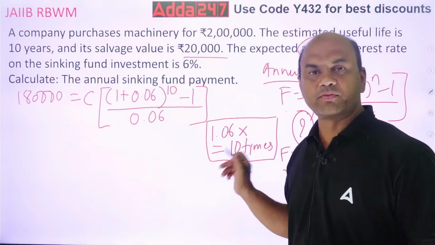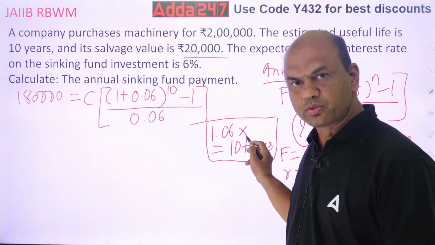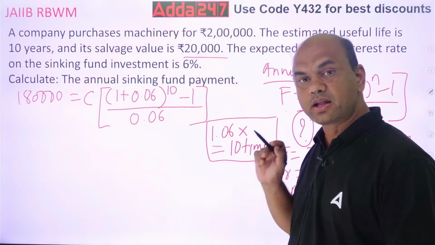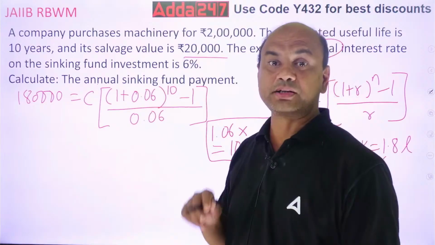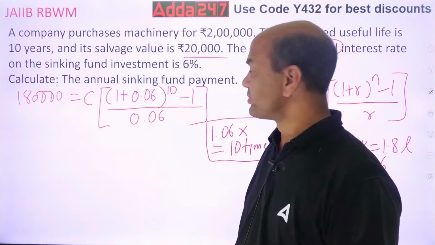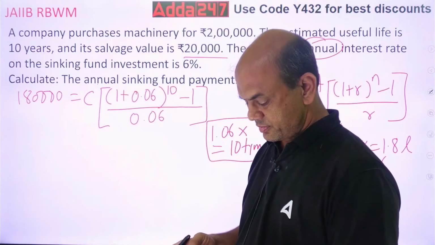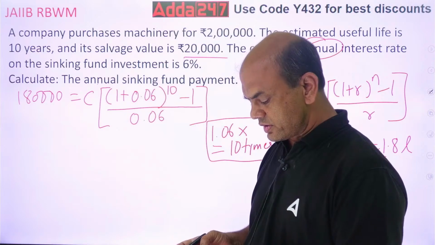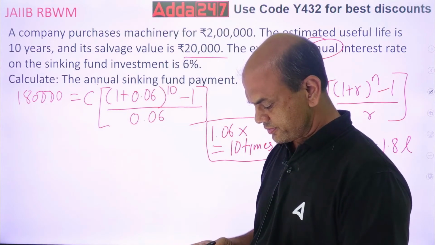How to do this? Everyone check this again. 1.06, then press multiply, then keep pressing equal 10 times. It's not 9 times, it's 10 times. So do it. What is the answer? 1.06 into equal to 10 times.